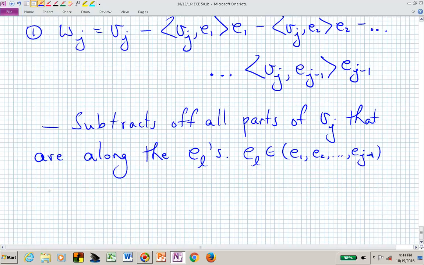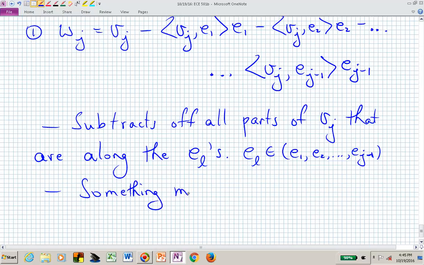And what do we know? We actually know, even after subtracting off all of these parts from V sub j, we still have something left over because we assume that V1, V2, all of those V's were linearly independent. V sub j has to be a little bit different than all the other preceding vectors, E1 through E sub j minus 1.